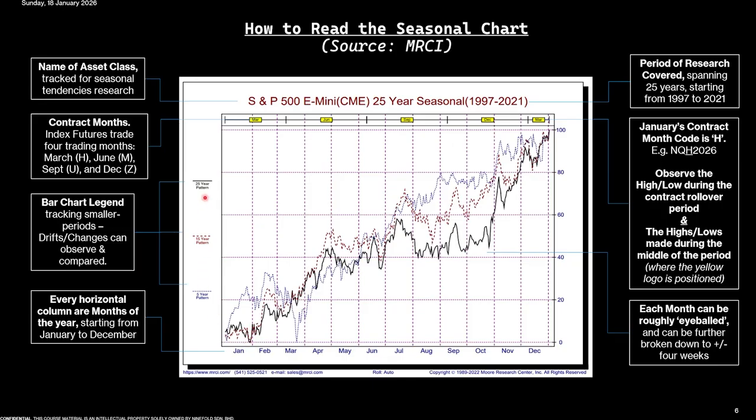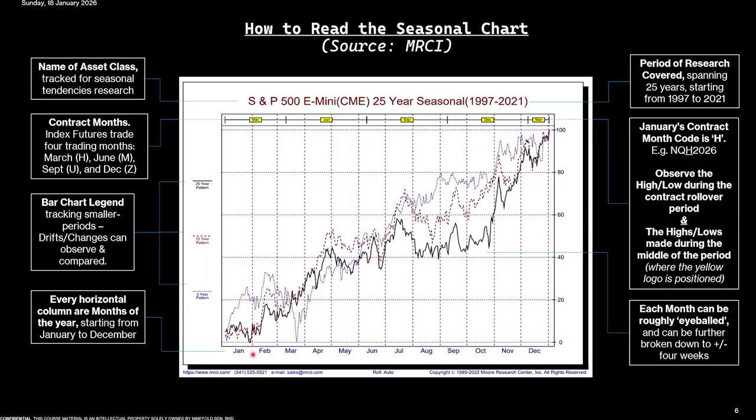Okay. And when we look at a smaller period relative to the 25-year period of research covered here, represented in these dotted lines, we can also see that price respects that seasonal tendency for bearish price delivery in the final weeks of January.